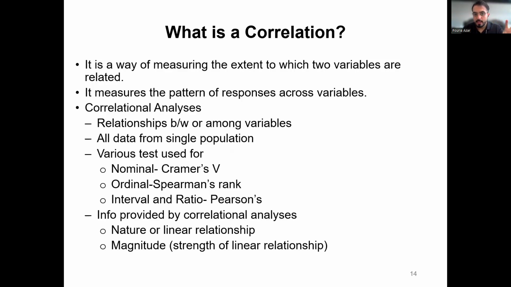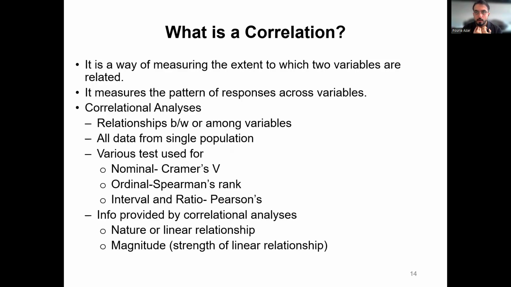For correlation analysis, all data should come from a single population. And we have various tests used for correlation analysis. Correlation analysis is a broad term, and we have different statistical procedures to conduct it depending on our data type.